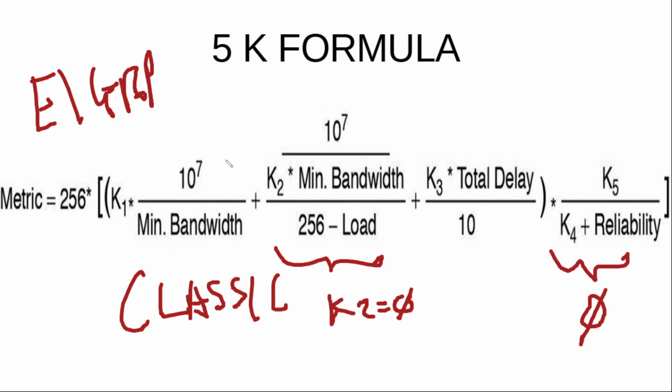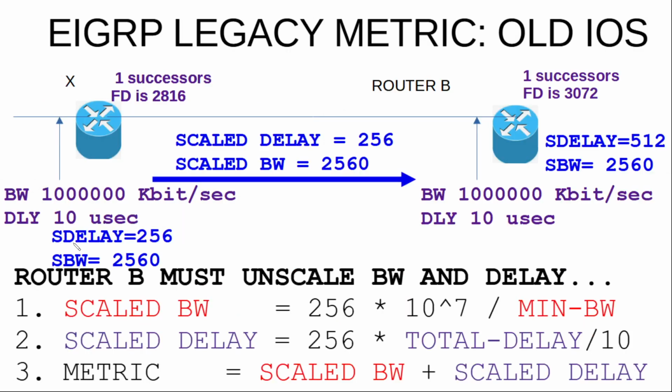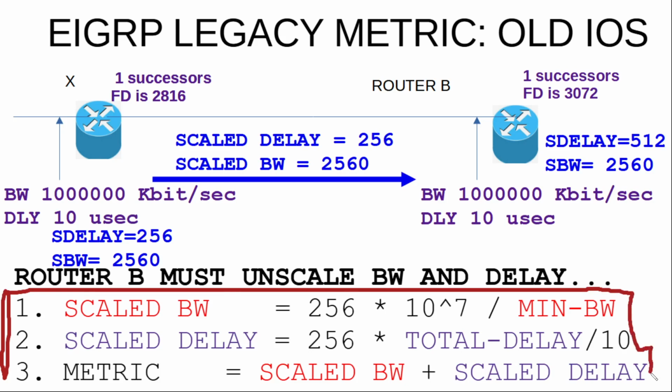So you end up with this part of the formula, this part of the formula, and this number. So in real life scenarios, this is the way to calculate the classic metric. You need the minimum bandwidth, the total delay, and this is how to calculate it. Remember that these calculations are done using integers. No floating points are used here.